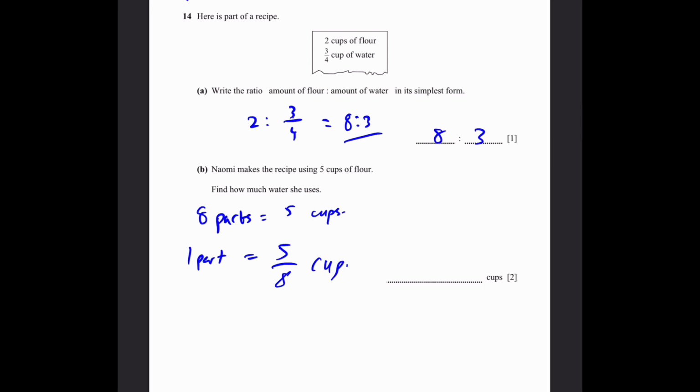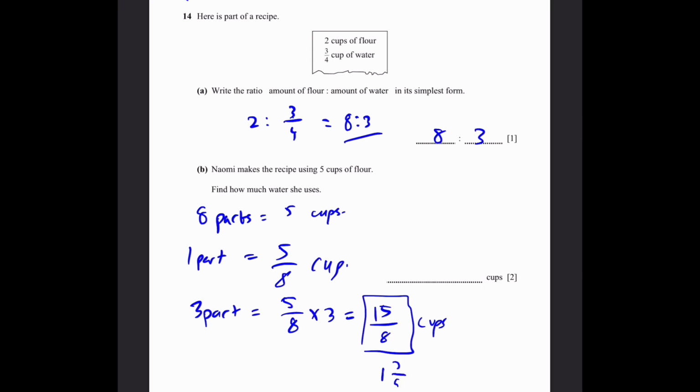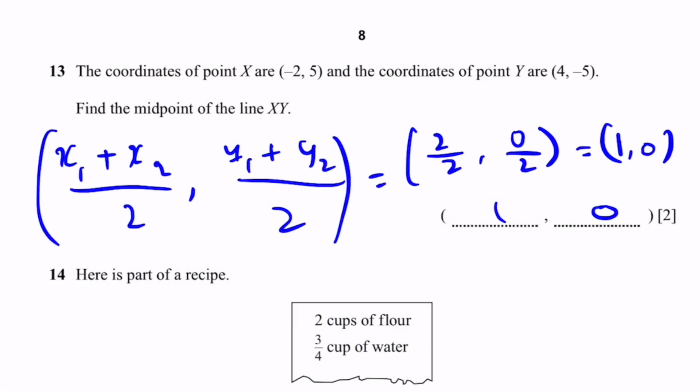And 3 parts, which is the amount of water, will be 5/8 times 3, 15/8 cups. You can write this as a mixed fraction, 1 and 7/8, both are okay. That's the answer. Question 15.